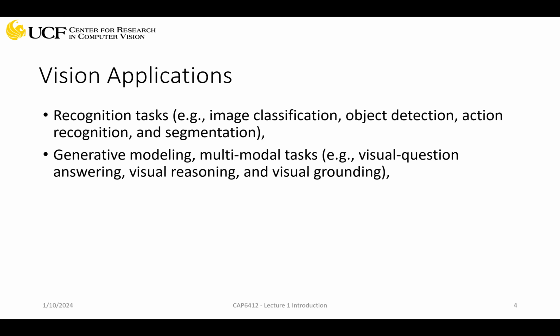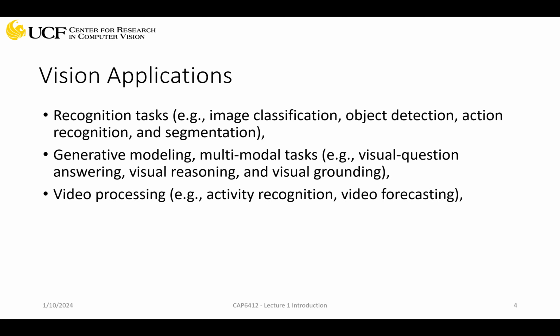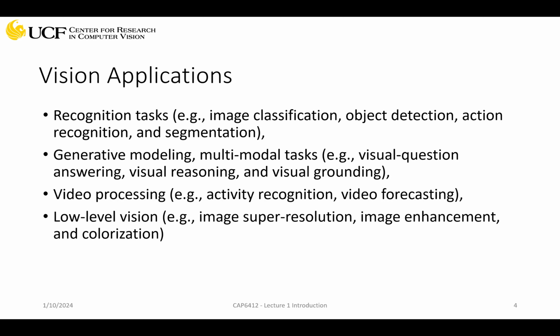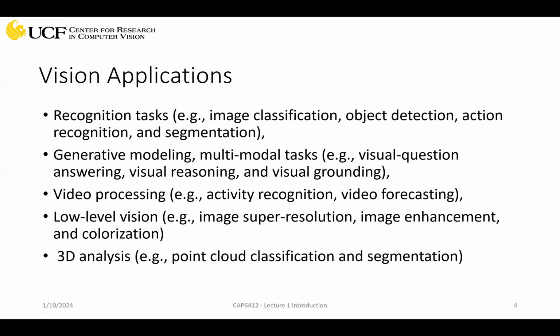So it can be used for generative modeling, and multimodal tasks like visual question answering, as I talked about in the first lecture, visual reasoning, visual grounding, and it can be used for video processing. We can recognize activities, do video forecasting or prediction, and low-level vision like image super resolution, image enhancement, colorization, and 3D analysis.